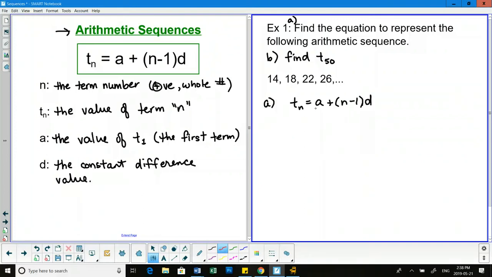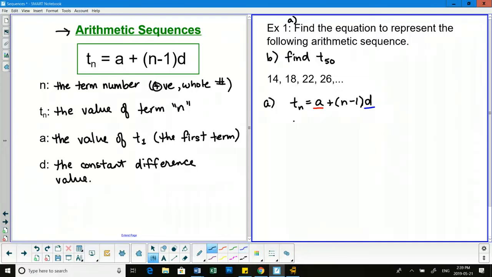We need to fill in A, and we need to fill in D. Tn and n are going to remain as variables because the term number and the term value are always changing depending on what I'm looking for. But A and D don't change in the sequence. The first term is always the first term, and the constant difference value should always be the same.